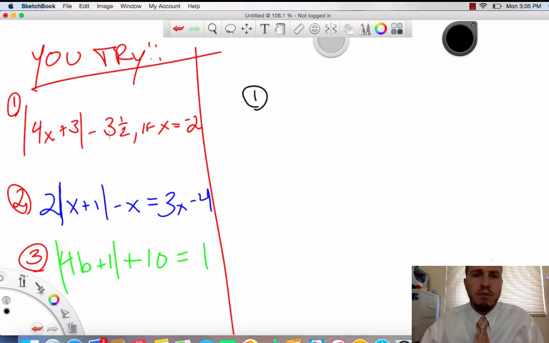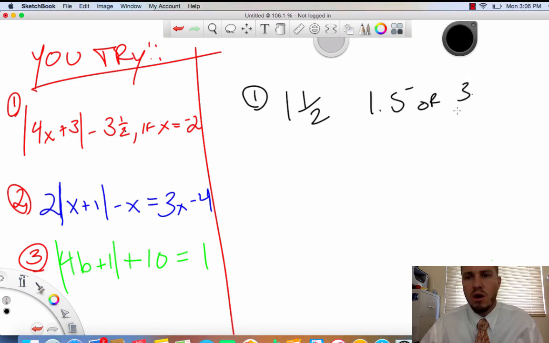You can change it to an improper fraction. That's what I used last time. Remember, multiply 2 times 3 plus 1 and do it that way, or you can use it as a mixed number. So the answer to this one is 1.5, or 3/2 would be fine also. Any of those.